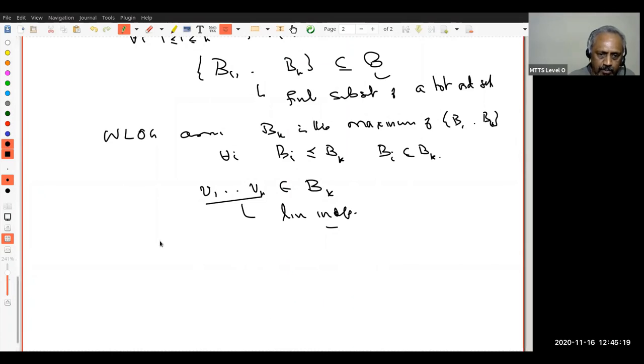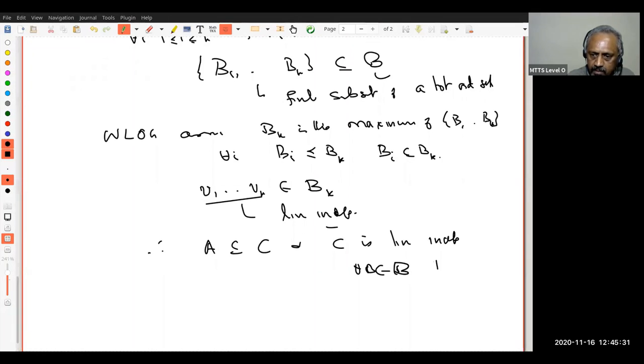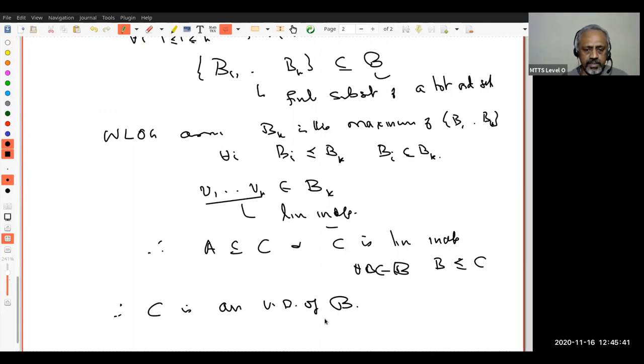Therefore, I have proved A is contained in C and C is linearly independent, and for all B in script B, B is less than or equal to C. Therefore, C is an upper bound for script B. Do you follow that?